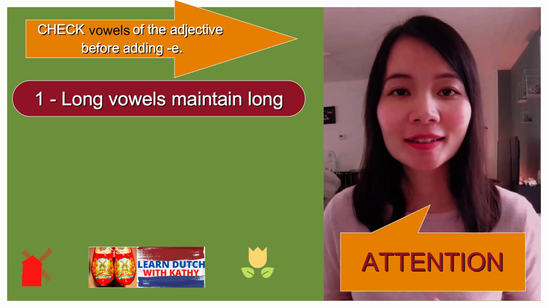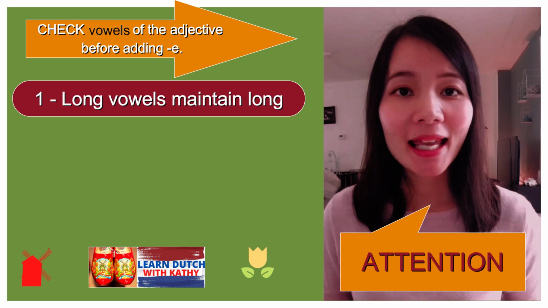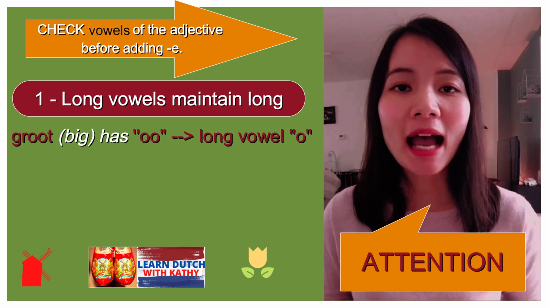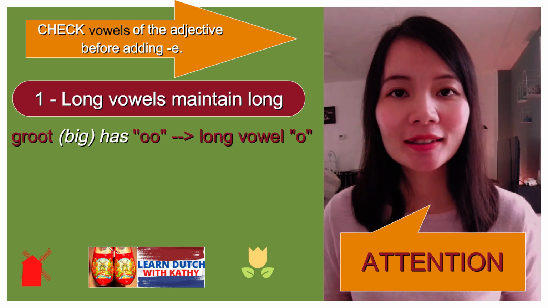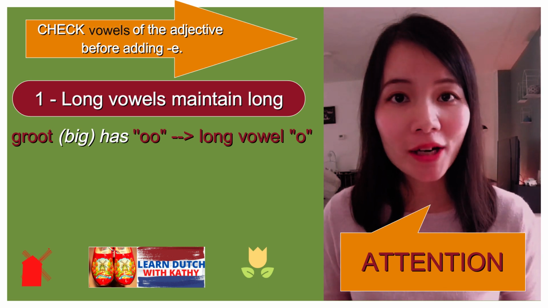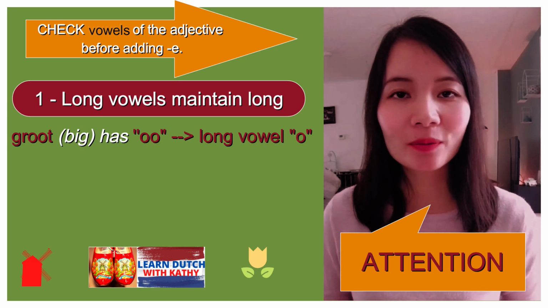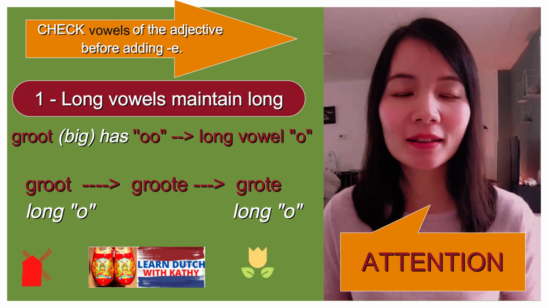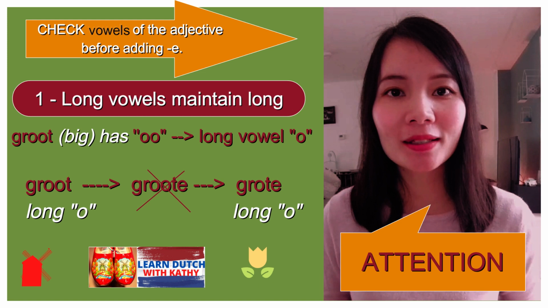Rule number 1. Long vowels stay long. In Dutch, if two identical vowels stand next to each other, it is called a long vowel. For example, we have the adjective groot. When we put the e at the end, we should have grote with one o, because that is a Dutch spelling rule.